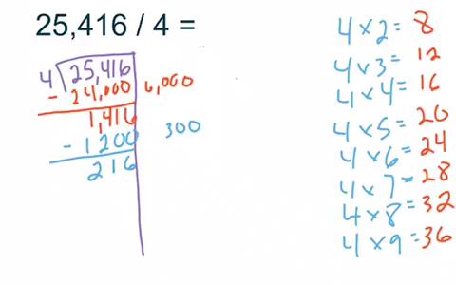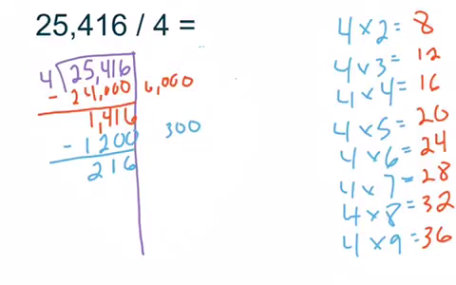I say, okay, is there anything I can multiply 4 by that will get me close to 216? Well, yeah, there is, because I know that 4 times 5 gives me 20, and that 20 is pretty close to 216 if I use my powers of 10.